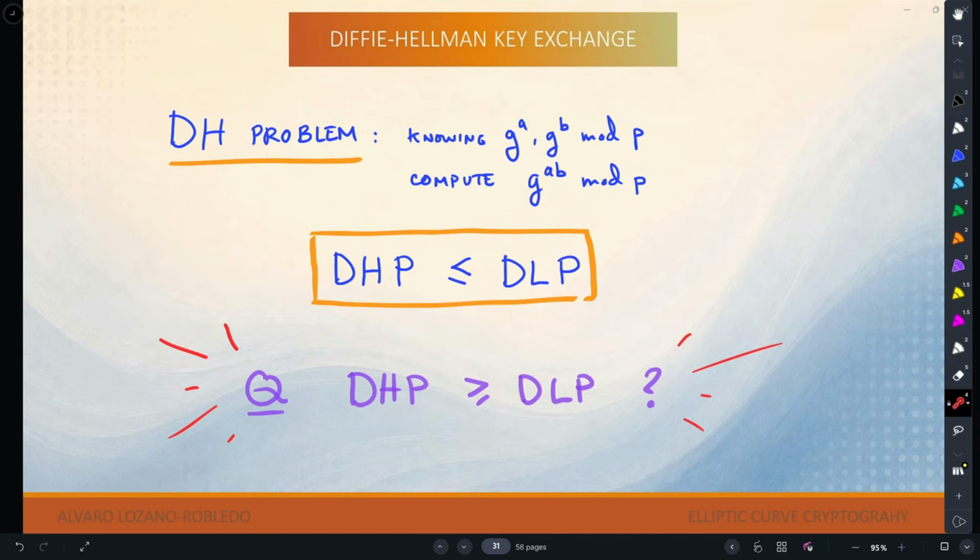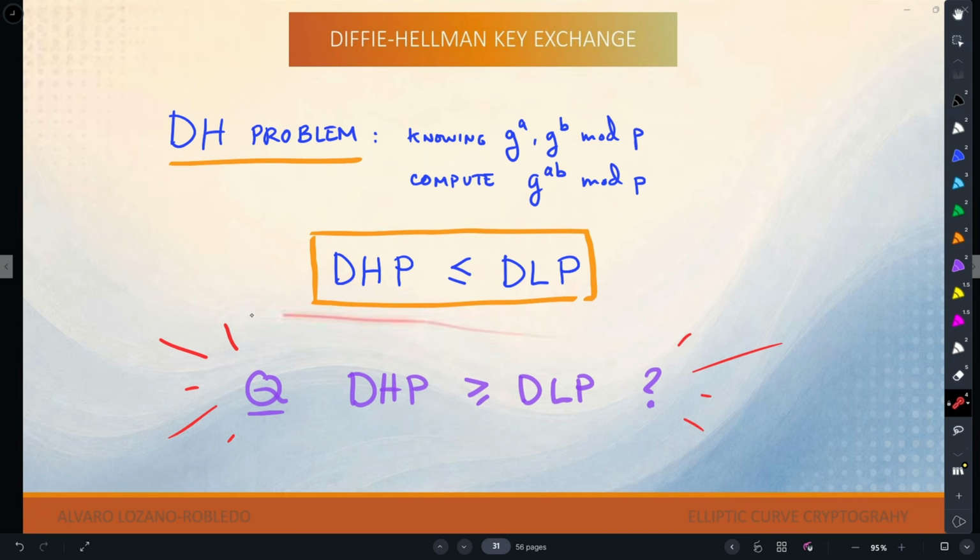What we call the Diffie-Hellman problem is exactly that: knowing G to the A and G to the B, can we compute G to the A times B? That is the Diffie-Hellman problem, and as I said, it is weaker than the discrete logarithm problem, because there is a way to solve it by figuring out what A is, what B is, and then computing G to the AB, right?